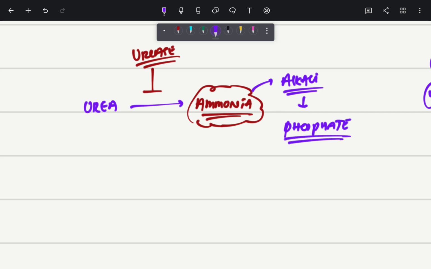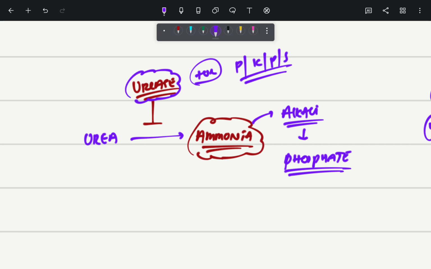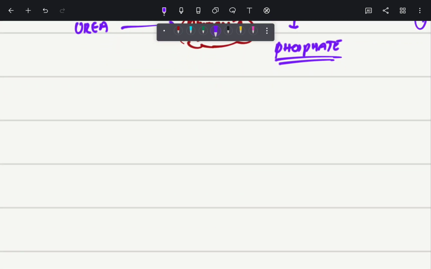So once again, whenever there are increased urease positive organisms such as Proteus mirabilis, Klebsiella, pseudomonas or staph, they produce the urease enzyme and convert urea into ammonia, and the ammonia is an alkali, hence alkali stones such as phosphate stones are formed.